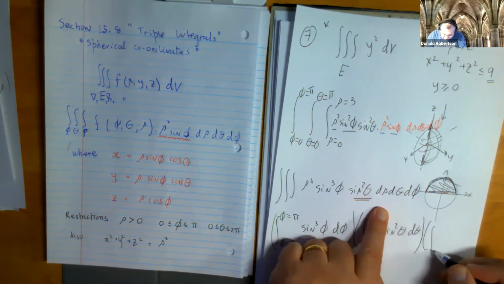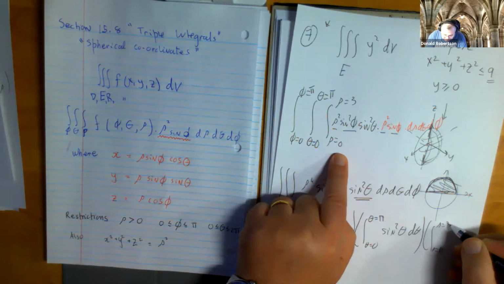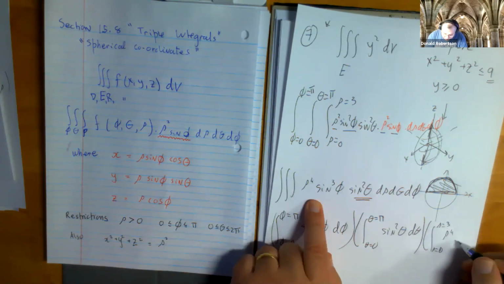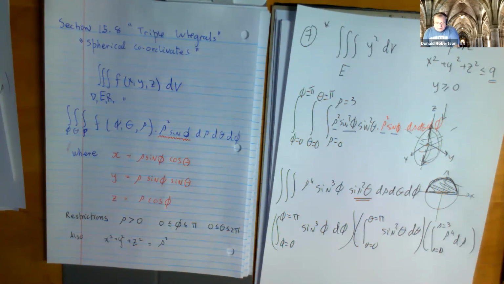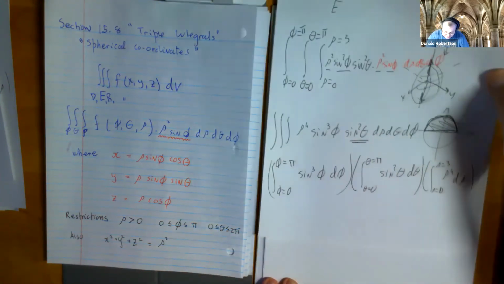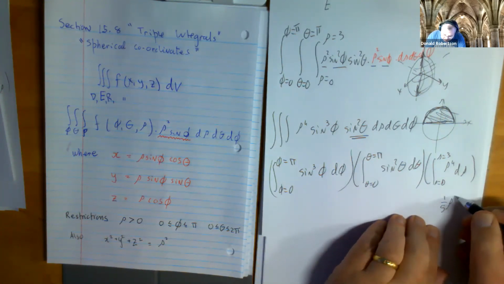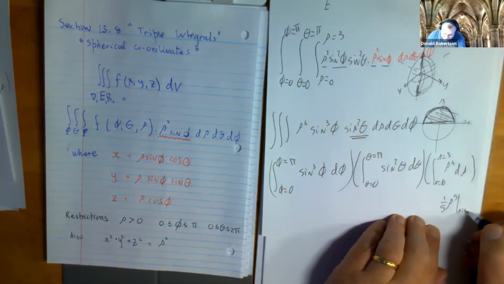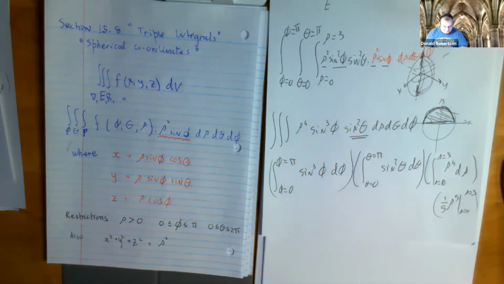And the rho is what? 0 to 3, or rho to the 4. Well, at least it's variable separable, which is, as you can kind of tell, quite common in these questions. So let's look at how we would do it. This guy, no biggie. Great, power rule.